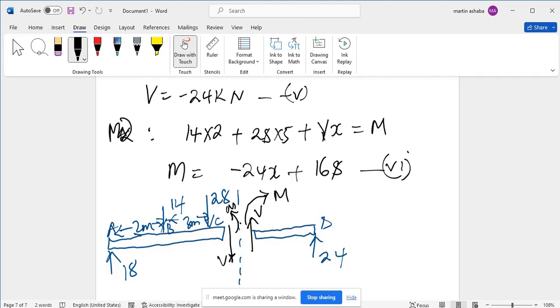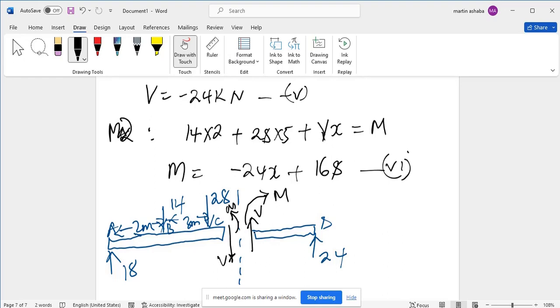So they will cancel each other and still maintain the state of equilibrium. Likewise for V, if this is positive and the other one is minus, they will also cancel each other and we still maintain a state of equilibrium at that point.